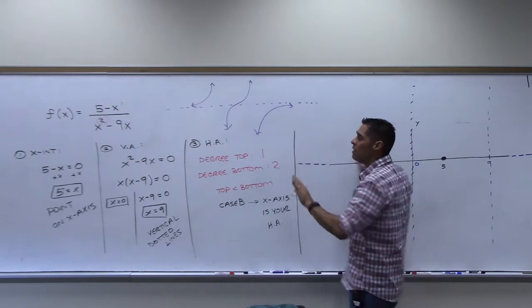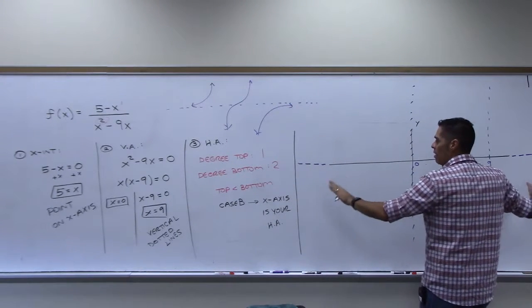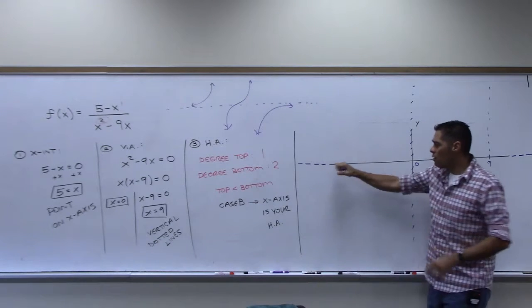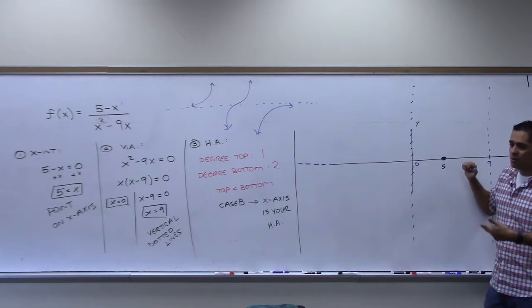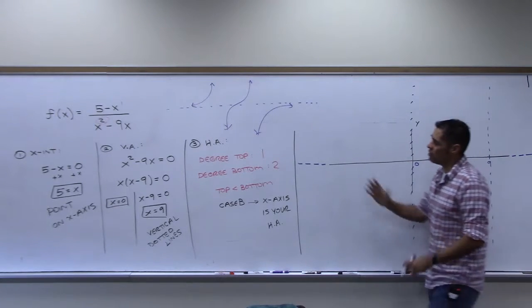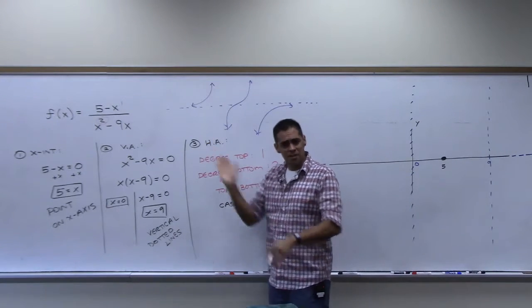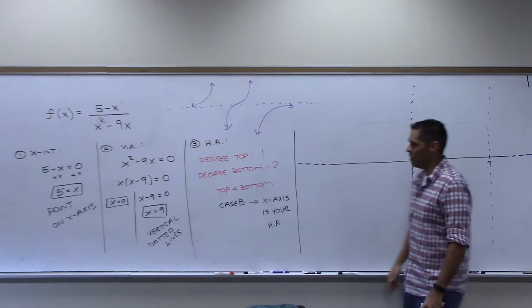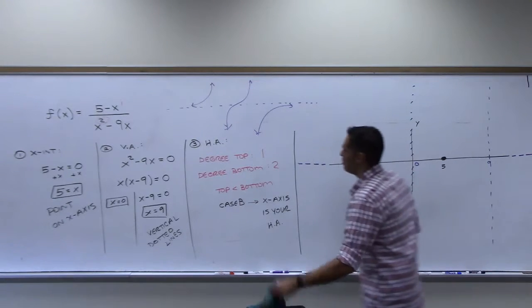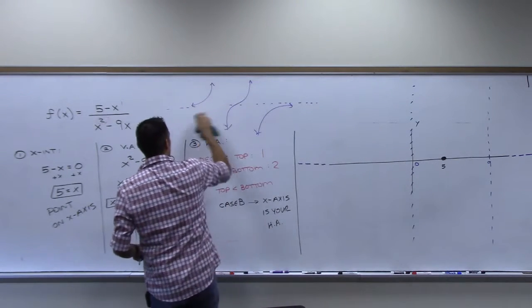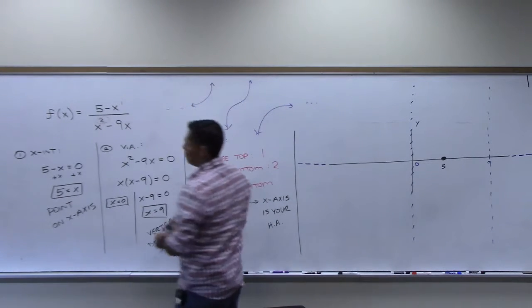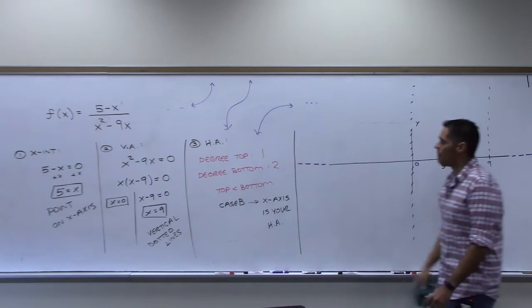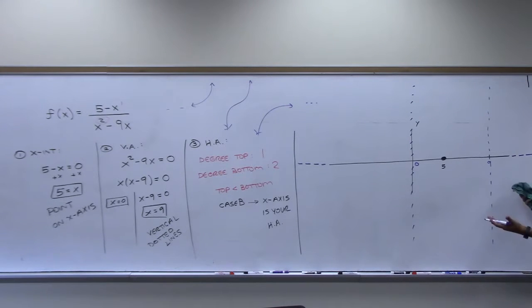The dotted line only tells you about the ends. If you draw it all the way through, you're going to confuse yourself later. And if you go to a tutor and the tutor draws it all the way across, just smack them on the hand and tell them not to do that. A lot of the tutors do that, and it drives me crazy. So only at the edges, right? All right, that's it. From here, is this enough information to graph it?